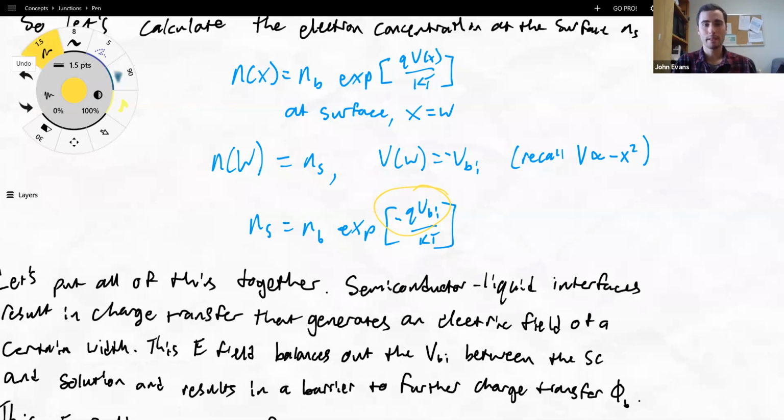So we expect N sub S is going to be less than N sub B. And the degree to which it is less than the bulk electron concentration is going to be based on what your built-in voltage is. So if you have a large built-in voltage, you're going to have a small concentration of electrons at the surface, which makes sense because it's really, really hard for them to exist there. There's a very strong potential energy gradient pulling them back into our semiconductor.